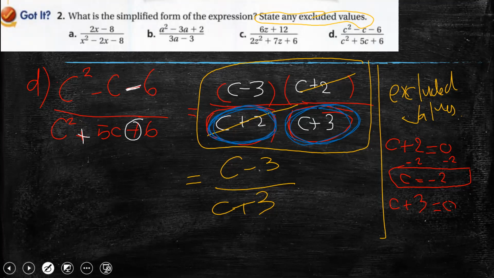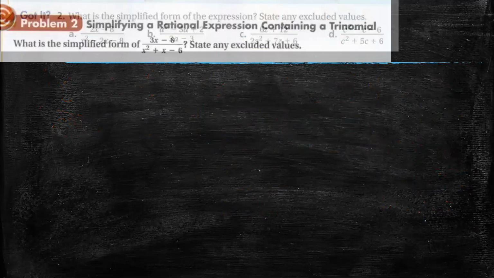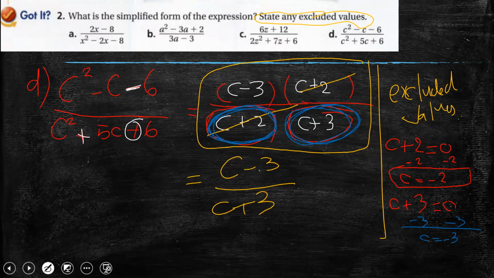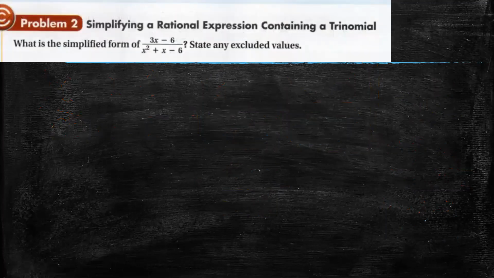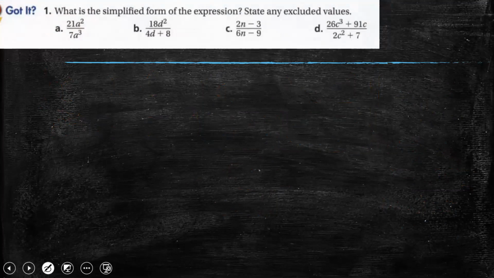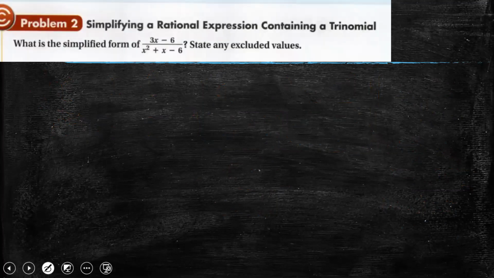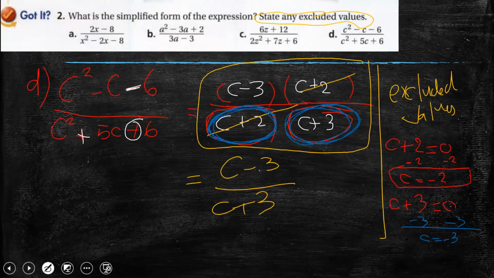Okay, then minus 3, so C is negative 3. These are now the excluded values.